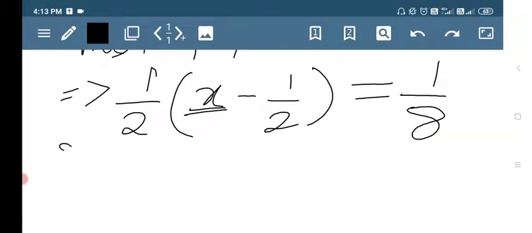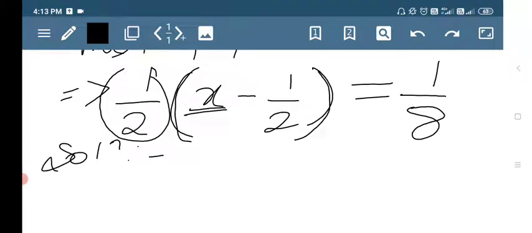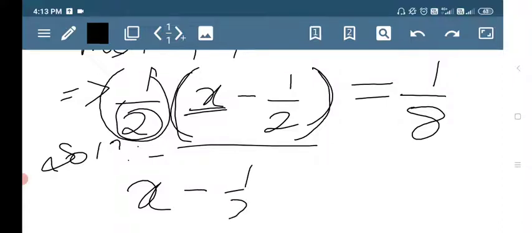So dear students, here 1 by 2 is multiplied with x minus 1 by 2, right? If you send this 2 onto the RHS, it becomes multiplication. So x minus 1 by 2 is equal to 1 by 8 into 2.